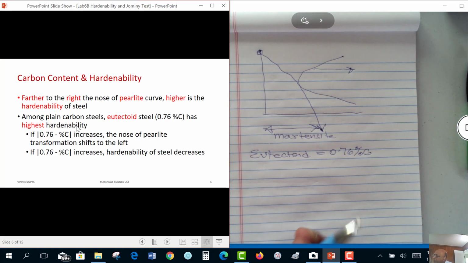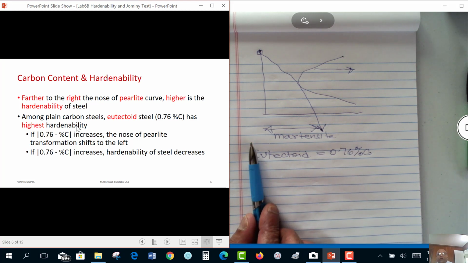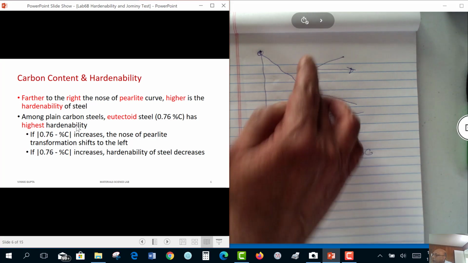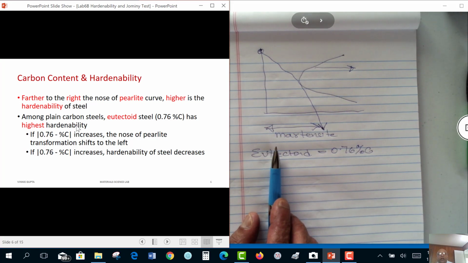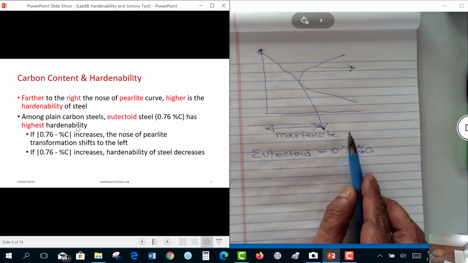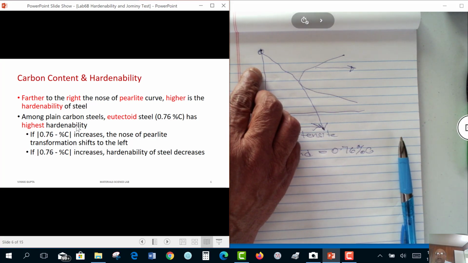As we move away from this 0.76% carbon, whether we move to the left, to lower carbon, the more to the left we move, the more the C curve moves to the left. So lower hardenability. If we increase the carbon percentage from 0.76, again the curve moves to the left and hardenability decreases.